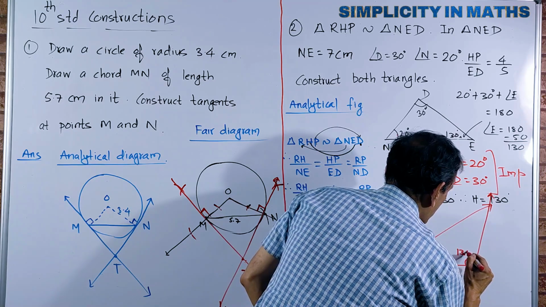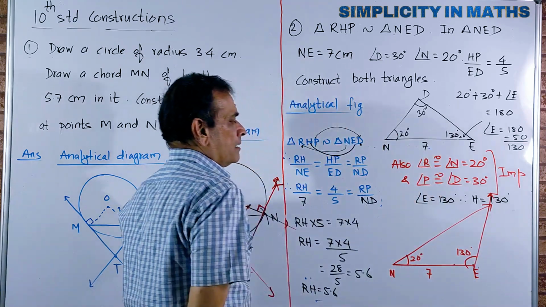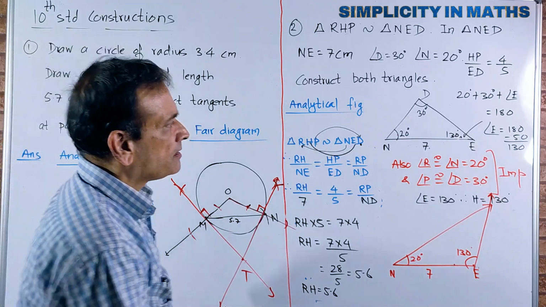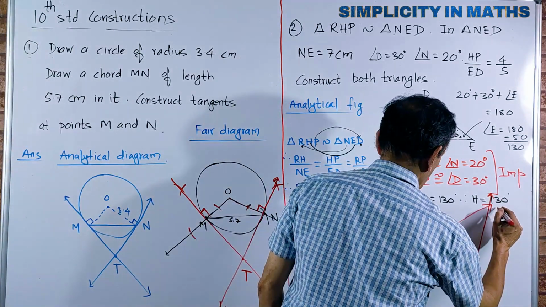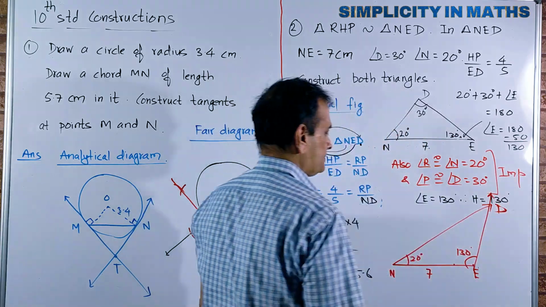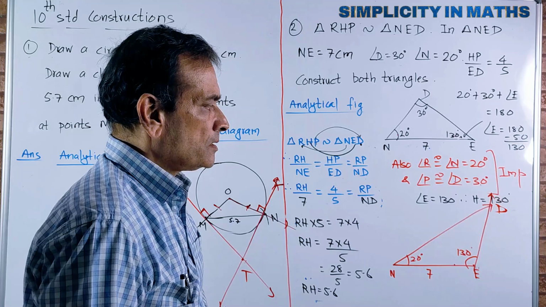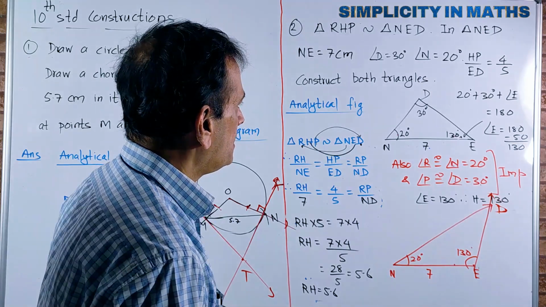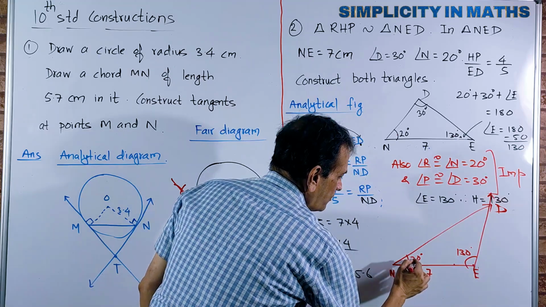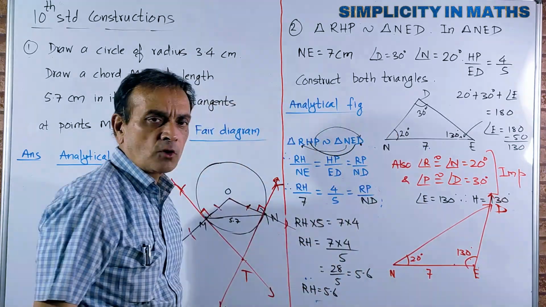You get an obtuse angle. That's all. The intersecting point is point D. So the important thing was NE is the base. We got both these angles. We could construct a triangle.